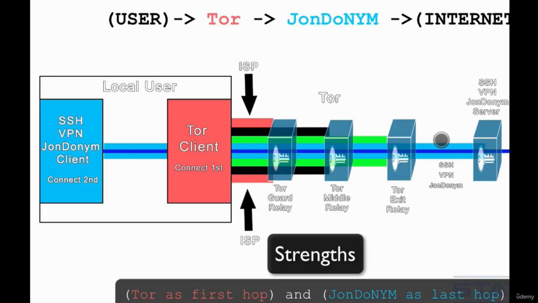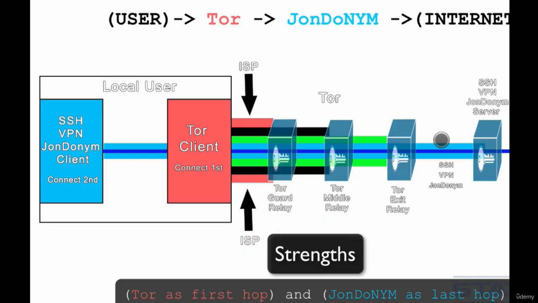Now let's talk about when Tor is the first hop and SSH, VPN, Jondonym is the last hop. But in this system, Tor is blocked from its destination by the SSH, VPN, Jondonym server.